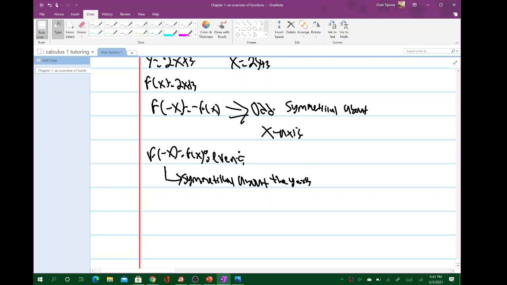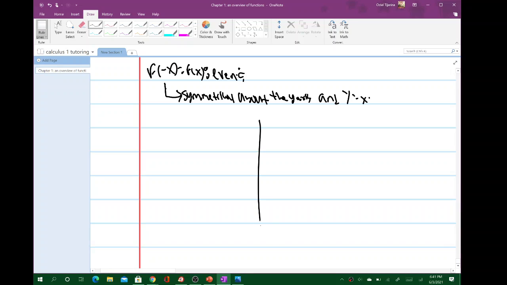And also the line y equals x. Because if you think about it, for example, x cubed, that's an odd function because it is symmetrical about the y-axis here.